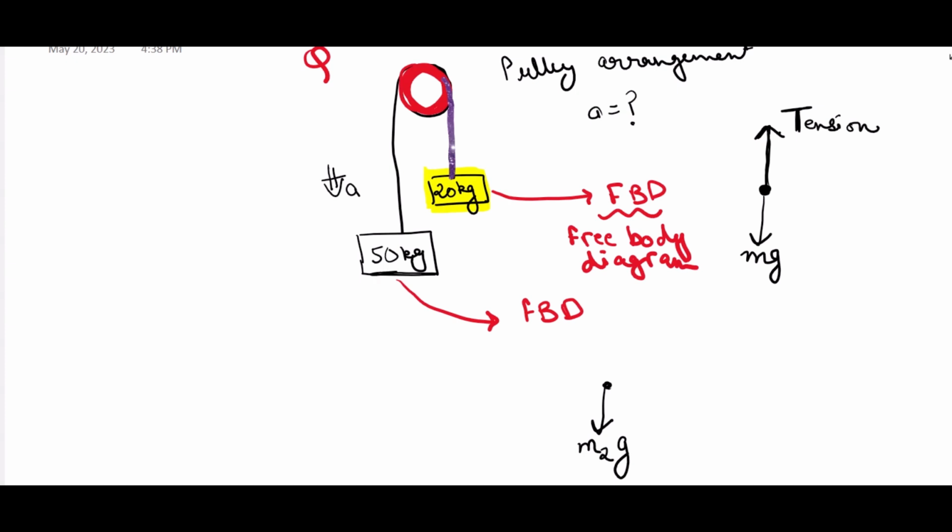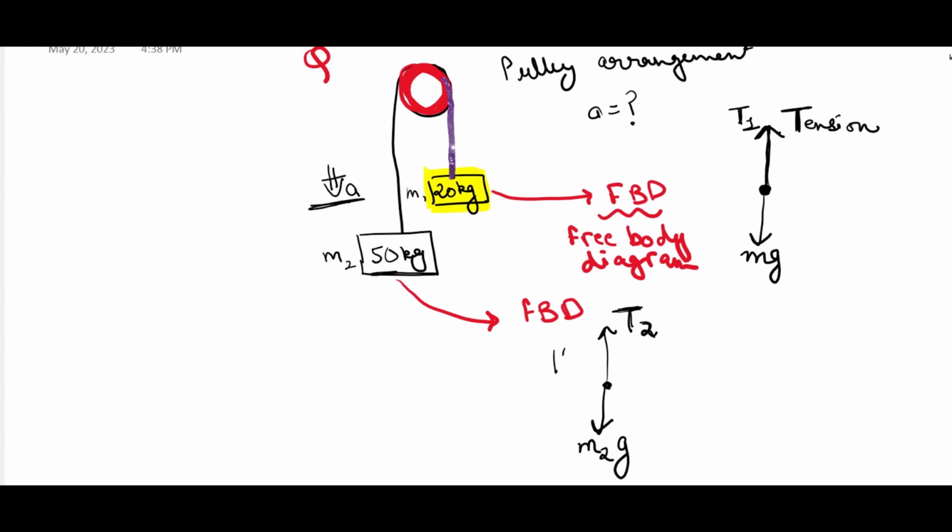Again, there's an mg acting on it. I would like to say m2g, because let us treat it as m2 and this as m1 for no confusion. And tension always occurring. So we can say it's T1 and this one's T2. Now, one thing we have to always show is acceleration, because that's also working.